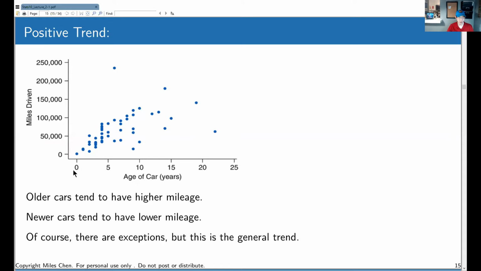And newer cars, age near zero or low age, will tend to have fewer miles driven. Okay. So we've got a positive trend. All right. And of course there's exceptions, like here's a car that's 22 years old and comparatively it's got relatively low mileage, and then here's a car that's only maybe 5 or 6 years old and it's got very high mileage. But overall there's this general trend going from the lower left to the upper right.